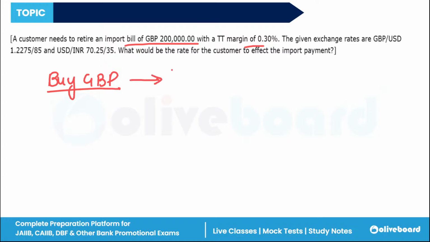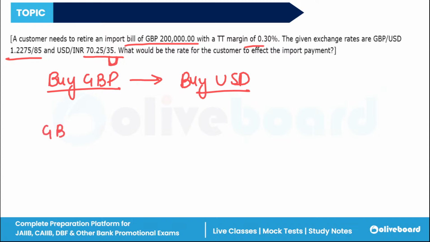and the given British pound US dollar rate is 1.2285, which means 1 British pound for 1.2285 US dollar. Okay, now next we have to buy US dollar to acquire the British pound, and the given rate is 70.35, which means 1 US dollar for 70.35 INR.